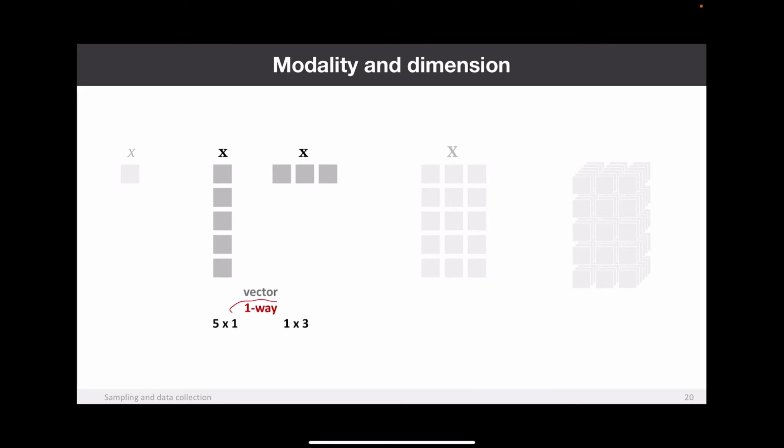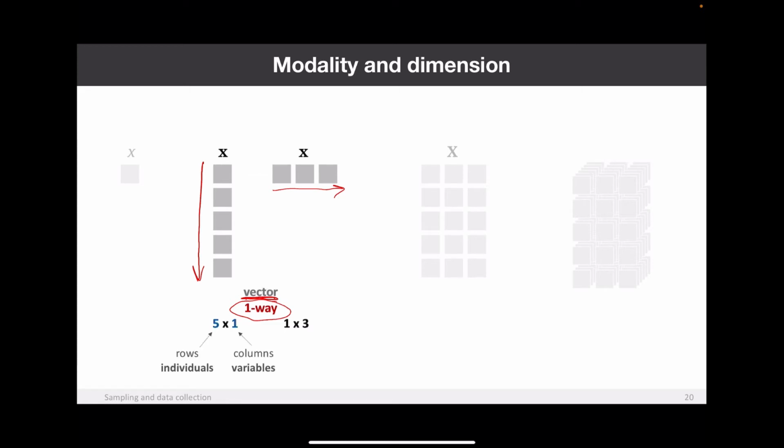You have only one way of variation, one direction of variation. Then we call this a vector. This will be a column vector, and this will be a row vector. Usually, again, we use columns for variables and rows for individuals, and that's what we are going to do also in this course.